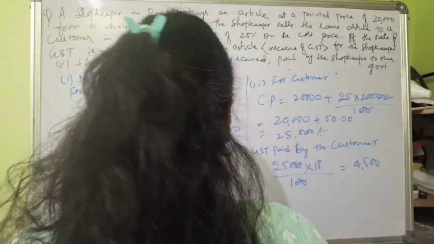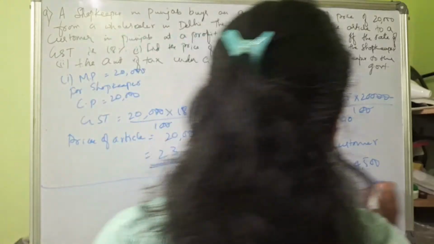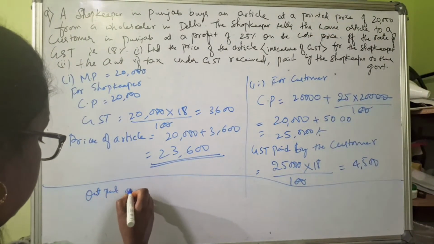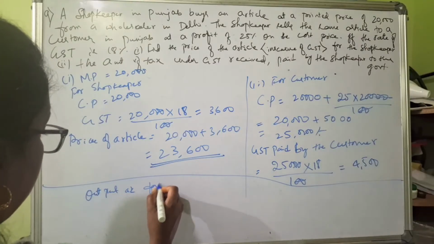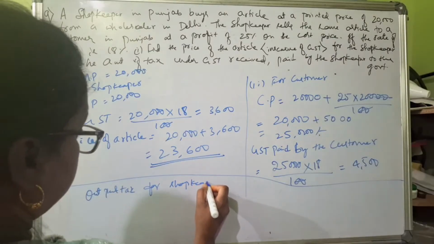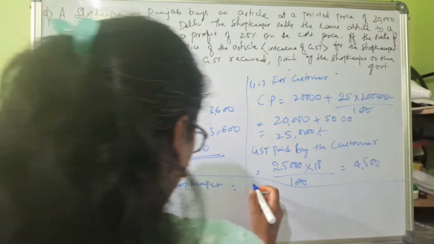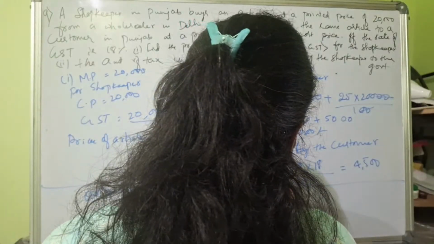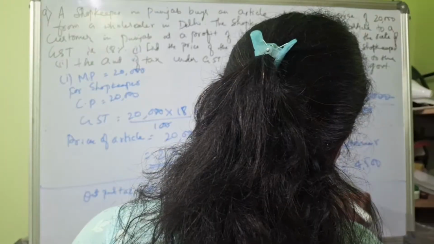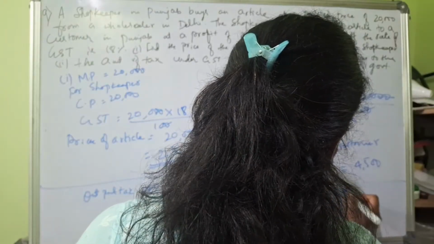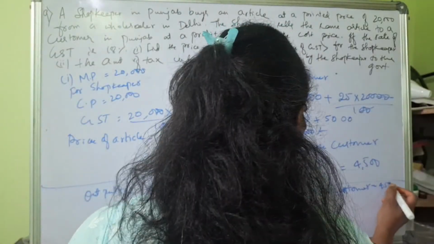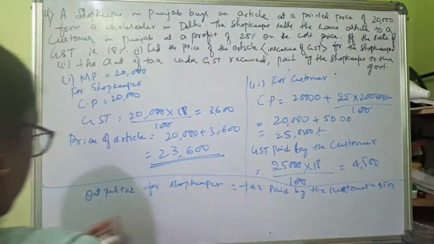So output tax for the shopkeeper is equal to tax paid by the customer, which is equal to 4,500.